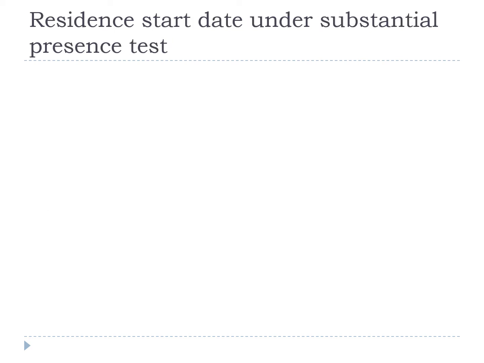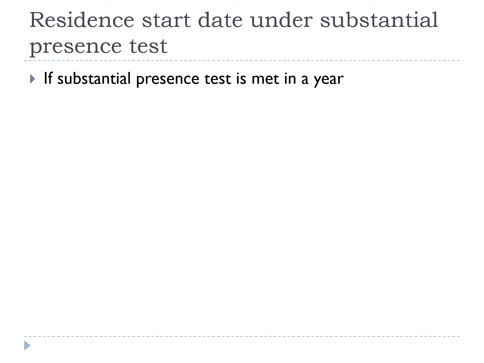If an alien meets the substantial presence test and is treated as a resident alien and was not a resident in the previous year, the question is, when does resident alien status begin?